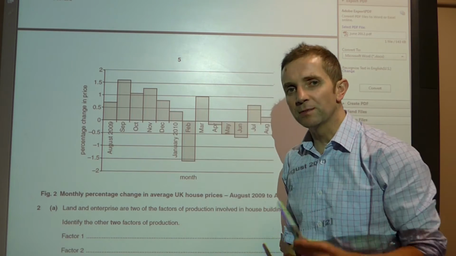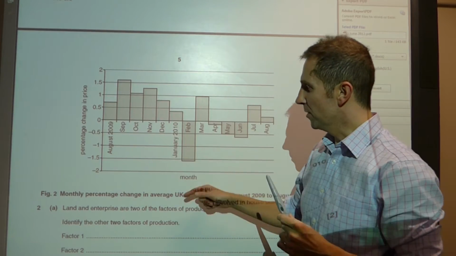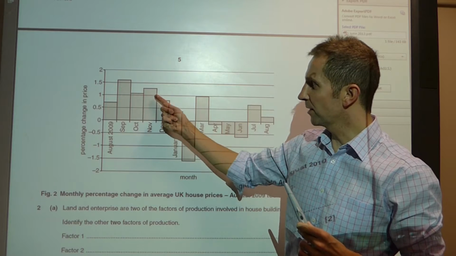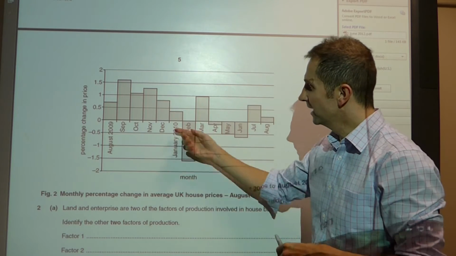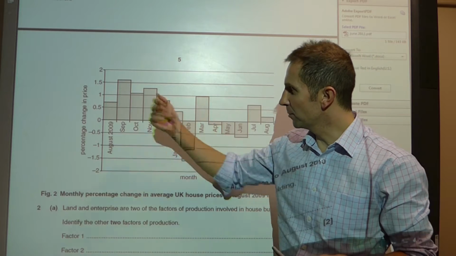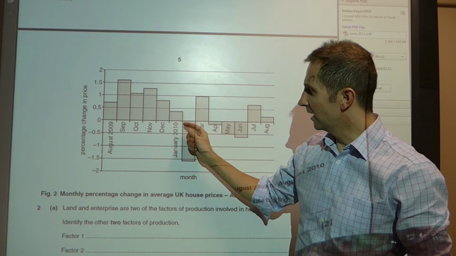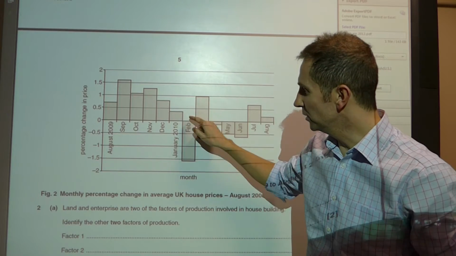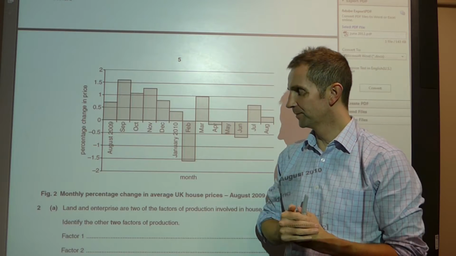No, no, no, ladies and gentlemen, look at the data. It's the percentage change in price per month. So in November, house prices went up by 1.3%, let's call it. In December, house prices went up by 0.6, 0.7%. In January, although it's very minor still, house prices were still rising by about 0.4%.